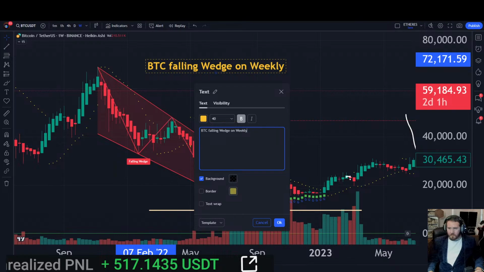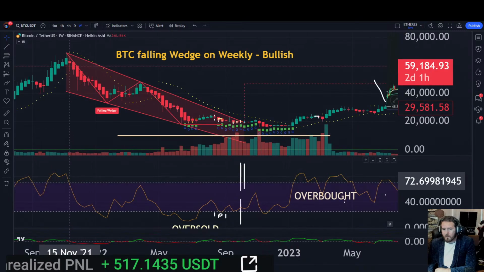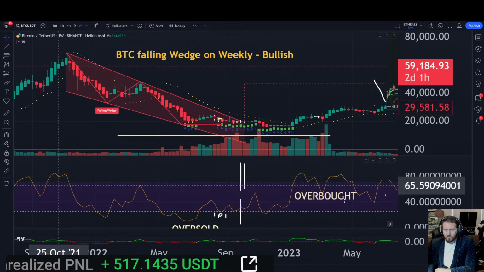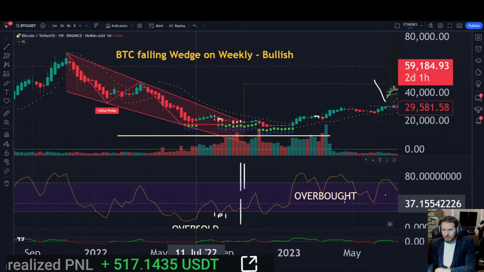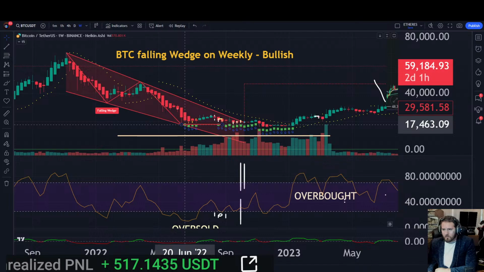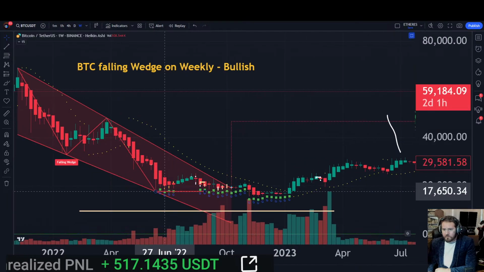This is a bullish indicator. The start of the wedge, we were overbought completely, and then we finally got oversold near the bottom. The area where we got completely oversold though was right here when my green block started popping in. That was in June. And then we had a good bounce here. We had a very good bounce here.